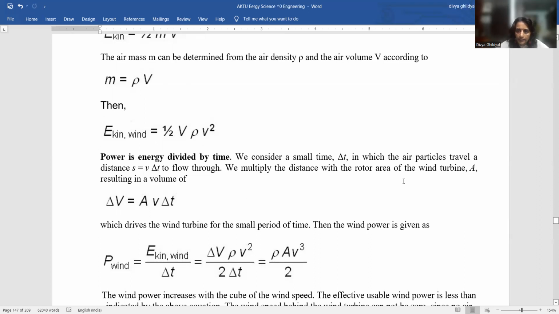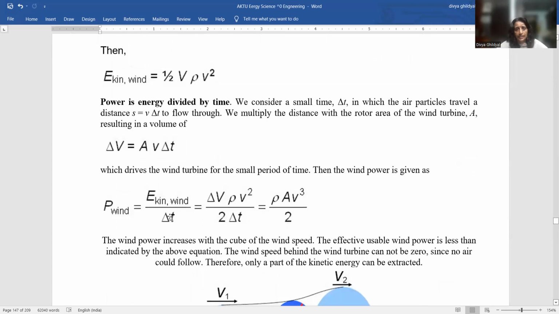We multiply the distance with the rotor area of the wind turbine, capital A. So I get del V is equal to A V into del T, which drives the wind turbine for a small period of time. Now power of wind is E upon del T. E I have derived here above, half V rho V square. I put this value and I get rho A V cube upon 2.